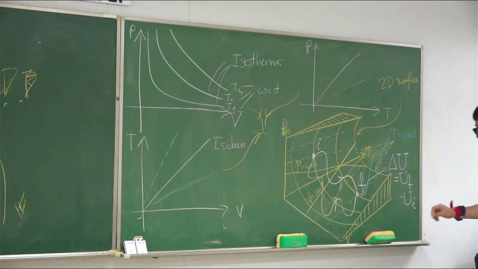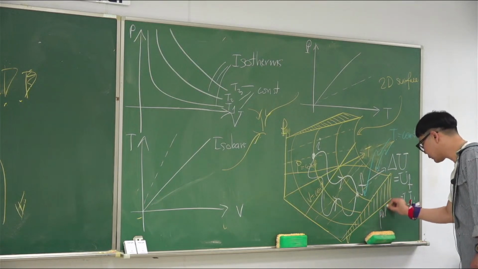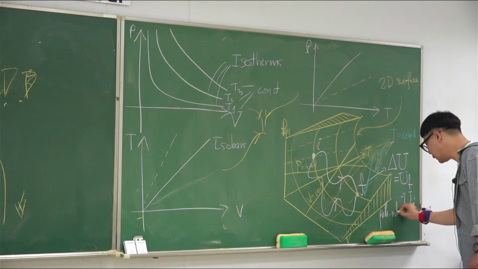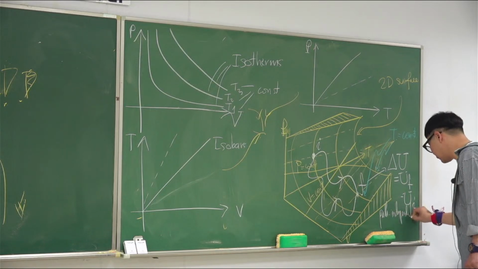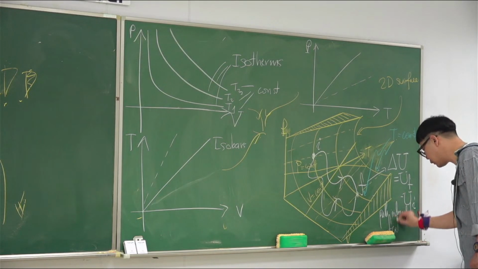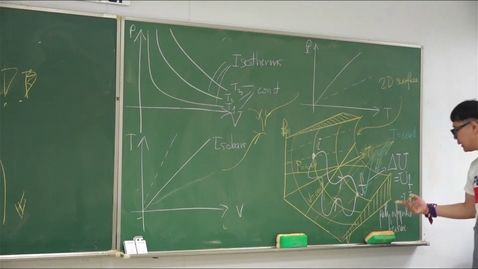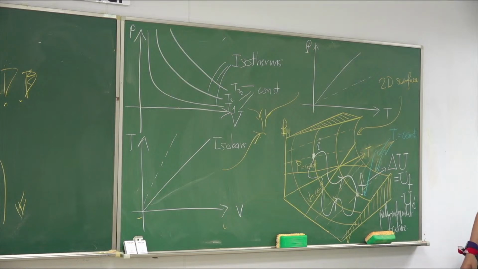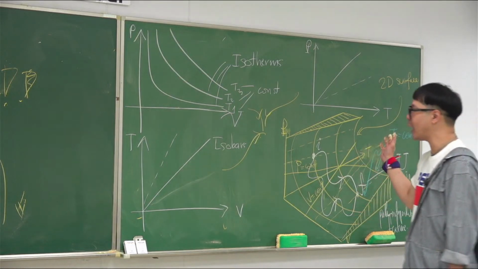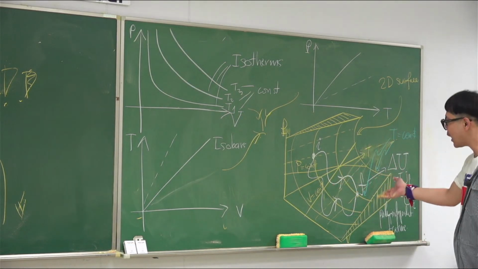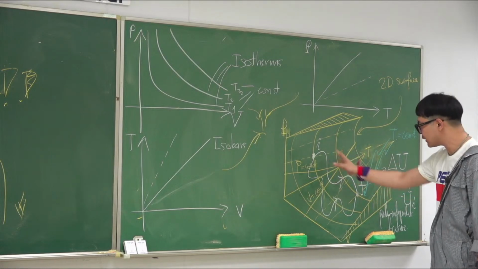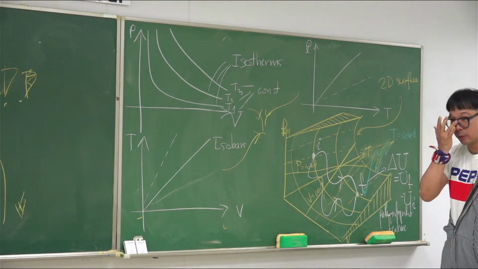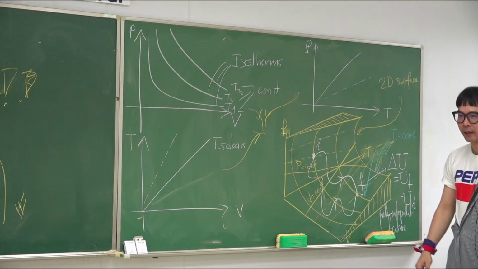Okay, that is the path independent feature, which we get from the Maxwell relations, and then I also gave you the idea how to capture this path independence in terms of the action principle, right? Okay.